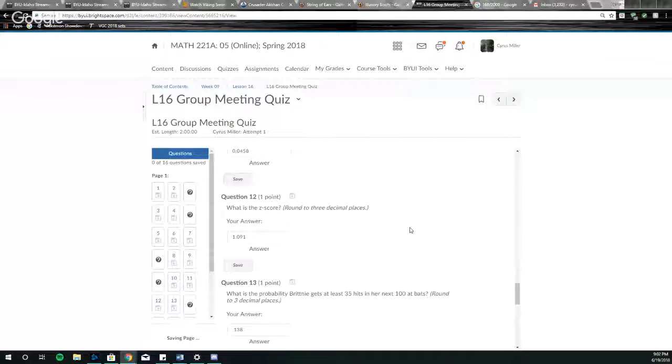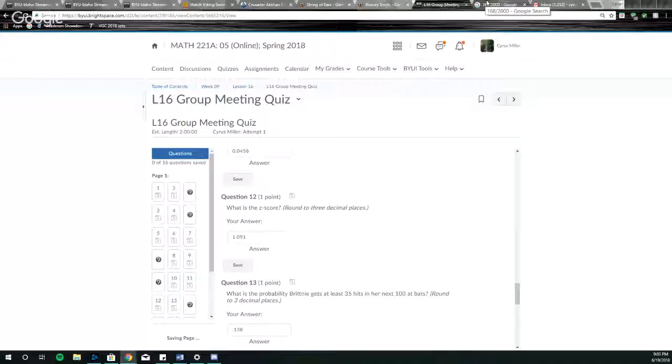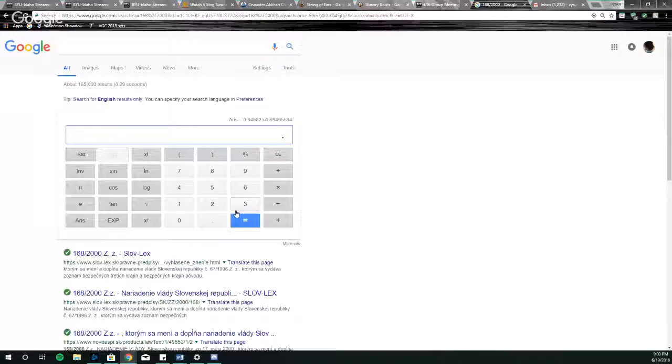I got 1.091 for the z-score. I got 1.0487. Let's do that one again, just in case. The z-score was value minus mean divided by standard deviation. So you want to give it a try there?